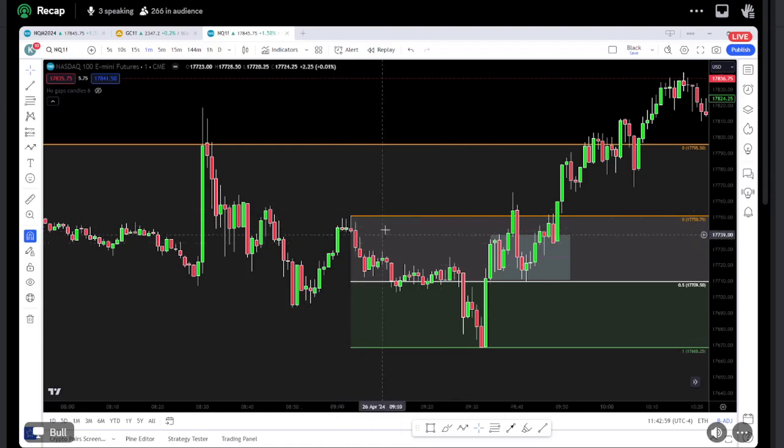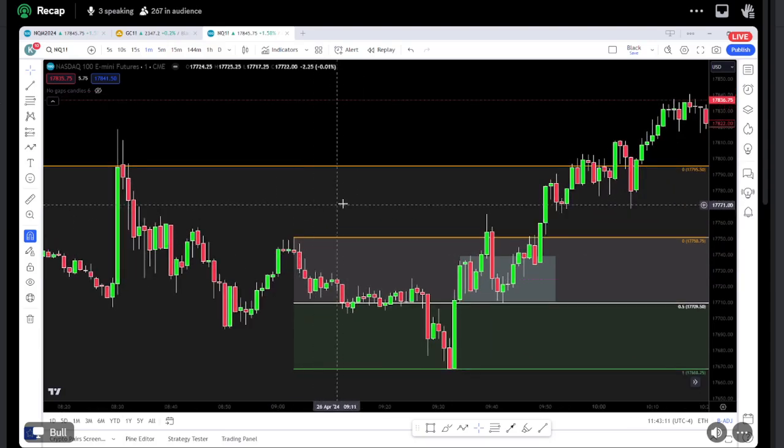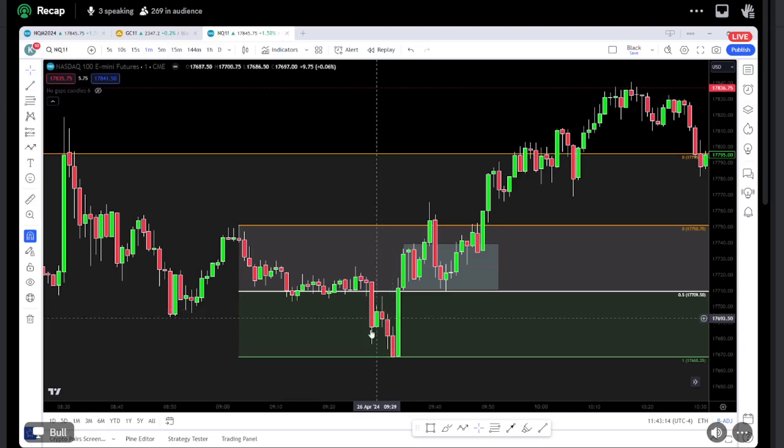So this high became protected when we closed down here. It became validated when the last bullish candle had a closure below it here. That became a valid high, right? And that's important because this low here, even though it closed below here, was never validated. You understand that? Because we didn't have a closure above it on this pullback, which leads to lower prices.